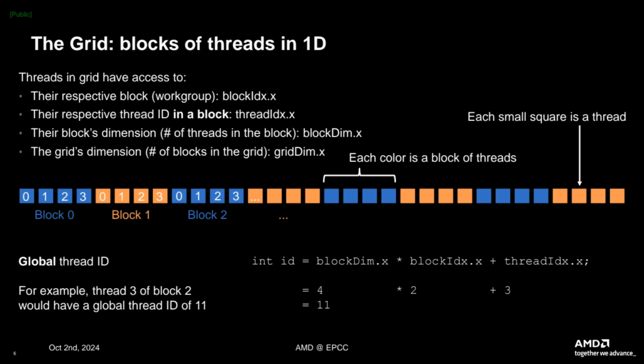The block ID is 2 if we are considering the thread which has ID 3 locally on block 2. And then, as I said, it has local ID 3. So we would do 4 times 2 plus 3, and that would be 11, the global ID. So basically from here, if you can see my cursor, we're just counting from 0 to 11. And that's what identifies this thread globally.